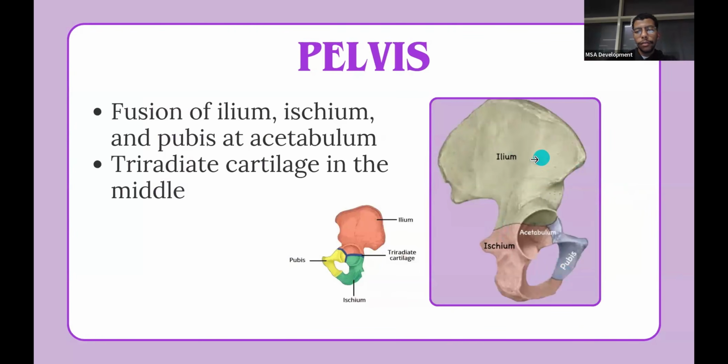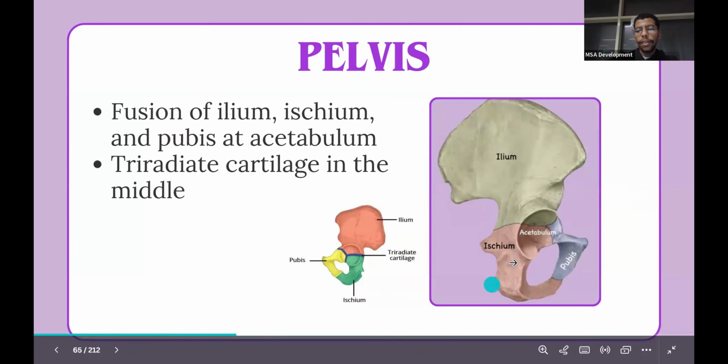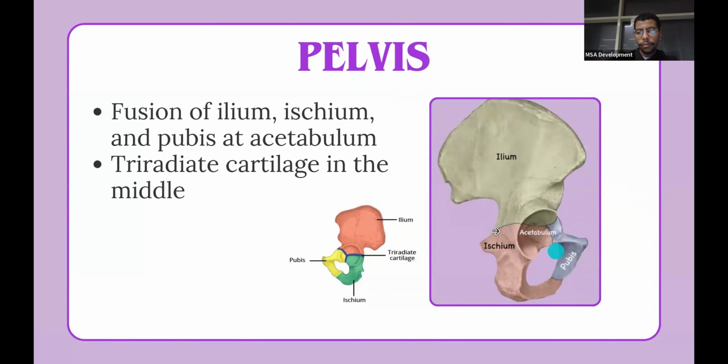Now, here is the hip bone again. Here we have the ilium, the ischium, and the pubis. They join together to make a Y-shaped triradiate cartilage. That is the name. So the triradiate cartilage is Y-shaped between the ilium, ischium, and pubis, and it's found in the acetabulum.